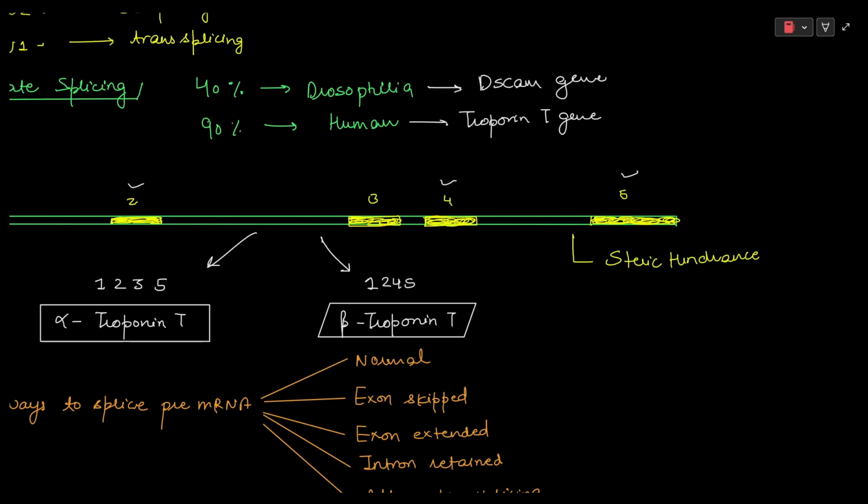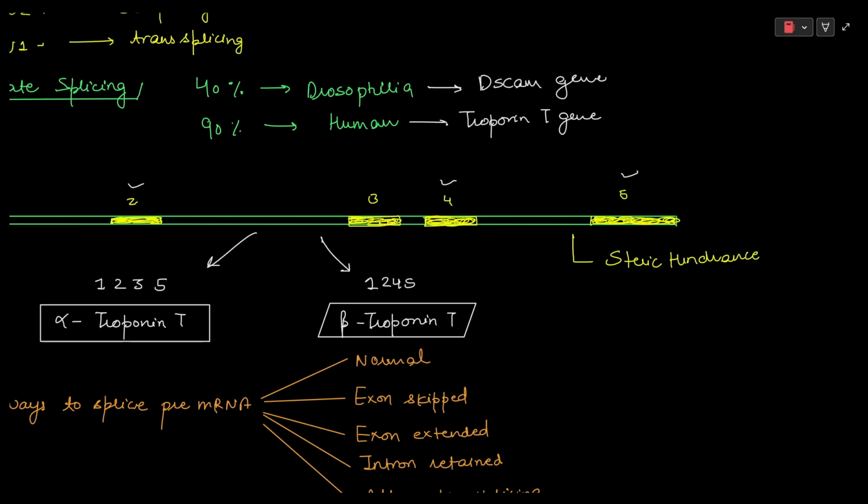If the splice sites, as you can see, these two exons, exon 3 and exon 4, are present in close proximity to each other, the exons are too close together. So the issue is the two splicing sites are too close to each other. The splicing factor, because I told you that the spliceosome is very large, almost as large as a ribosome, cannot bind this site as well as this site because of the steric hindrance.